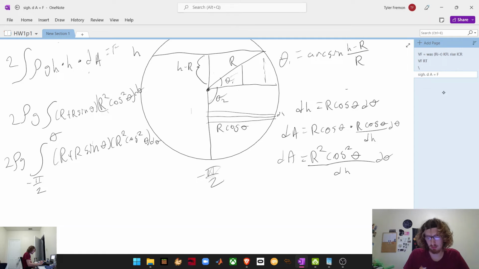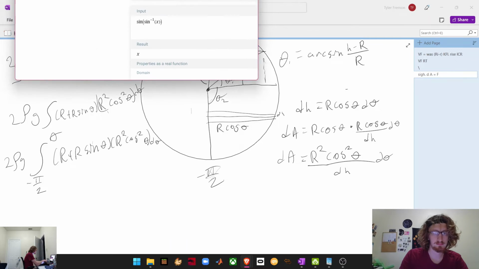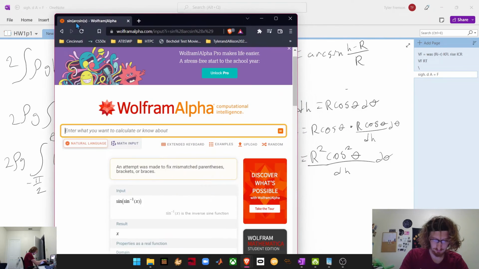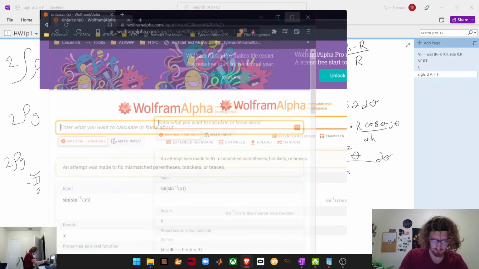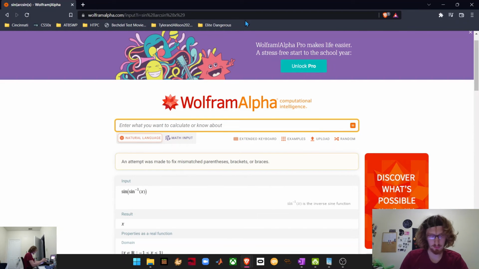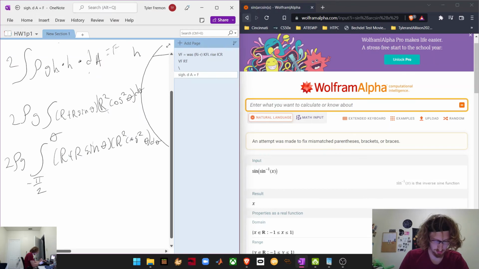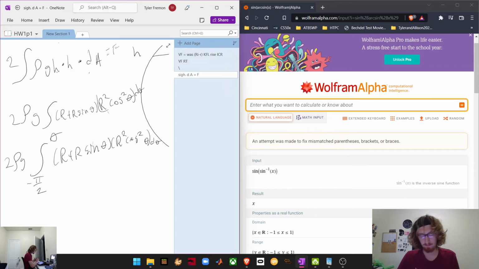So we're going to go ahead and plug that into an integral solver. Let me pull up Wolfram Alpha here. All right, so let me window this real quick. We'll leave the 2 rho g out for now because we can just rewrite that ourselves.